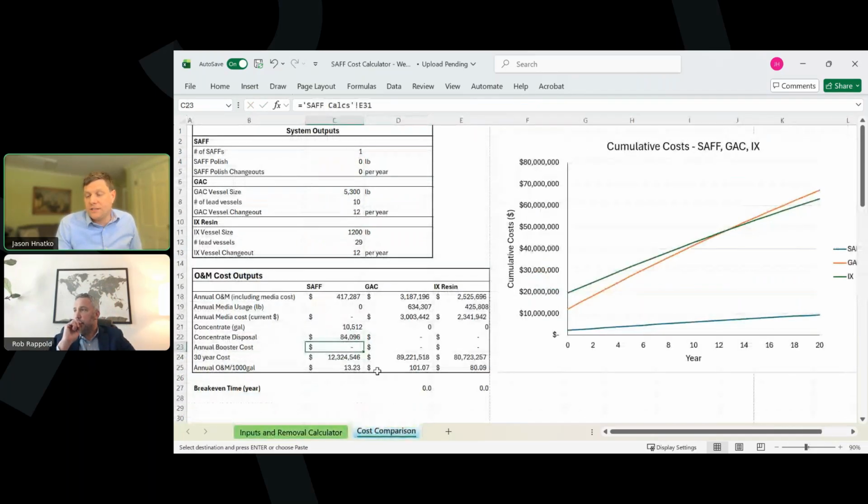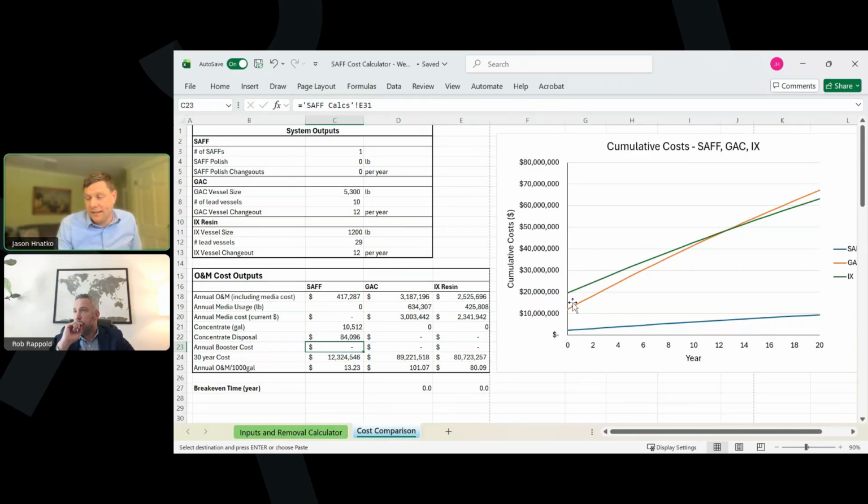But when you go to cost comparisons here, you can see to try to do this with the way the calculator works, to do this with just activated carbon, you would need 50,000 pounds of carbon. So 10 5,000-pound vessels, and you'd be changing them once a month. Same thing with the ion exchange resin. You have a lot of resin, and you're changing it 12 times per year.